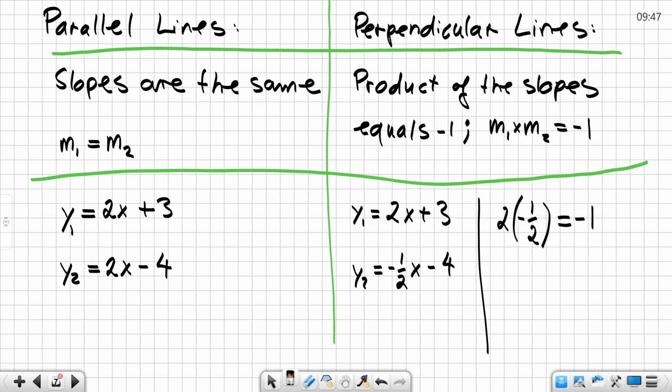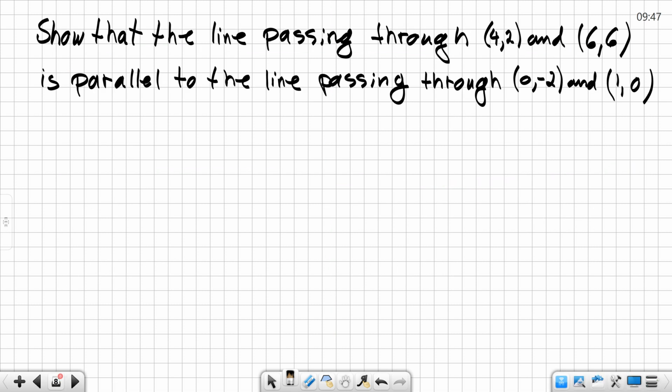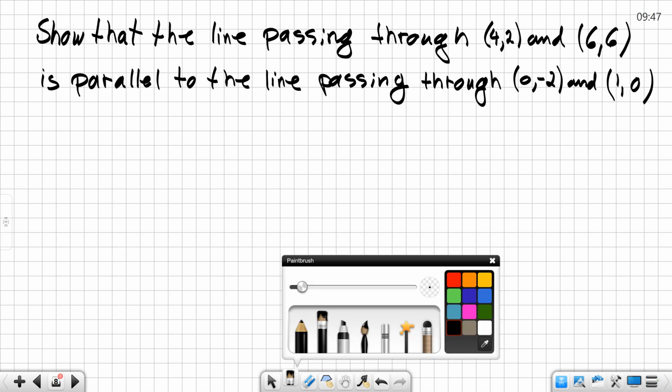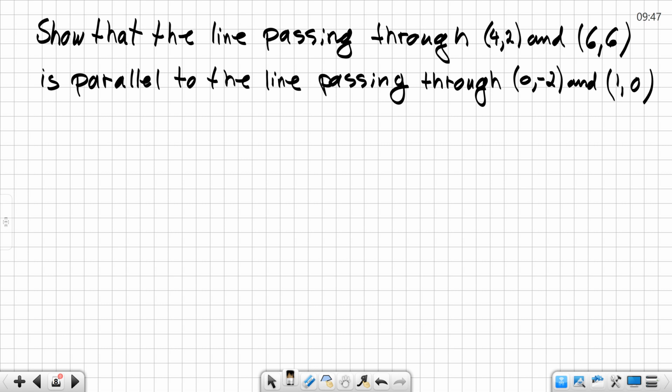Let's have a look at some examples where we are using this. We want to show that the line passing through (4,2) and (6,6) is parallel to the line passing through (0,-2) and (1,0). Now, how can we show this? That is very simple. We are just going to calculate the slopes, and if the slopes are the same, then these two lines are indeed parallel.